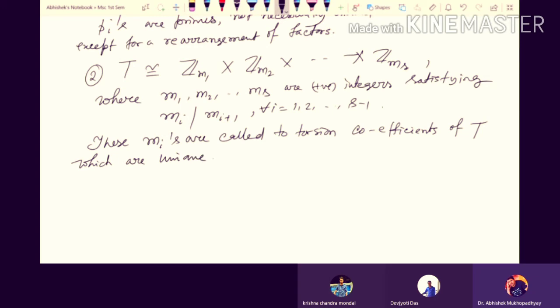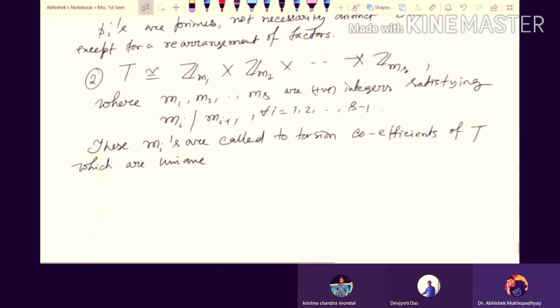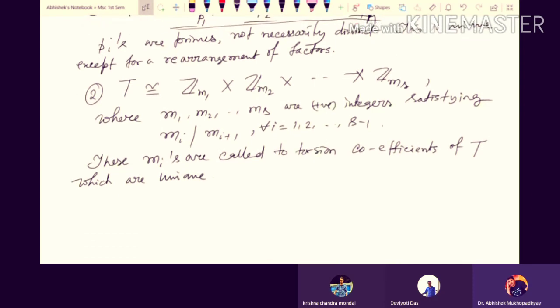So you need to prove the uniqueness separately using some beautiful problems. The uniqueness for Betti number also. So this completes the discussion regarding finitely generated abelian groups, finite abelian groups, and the characterization has been done completely.